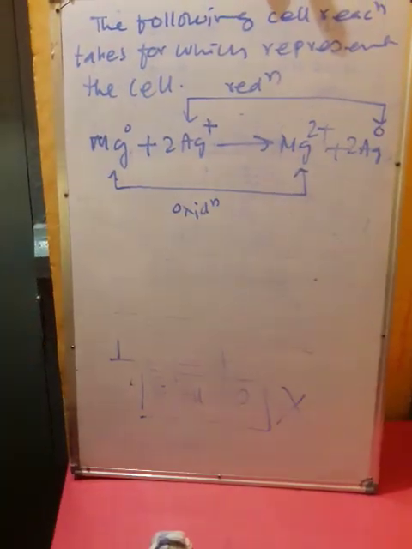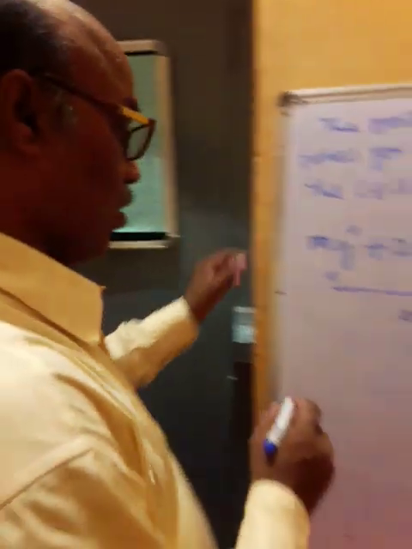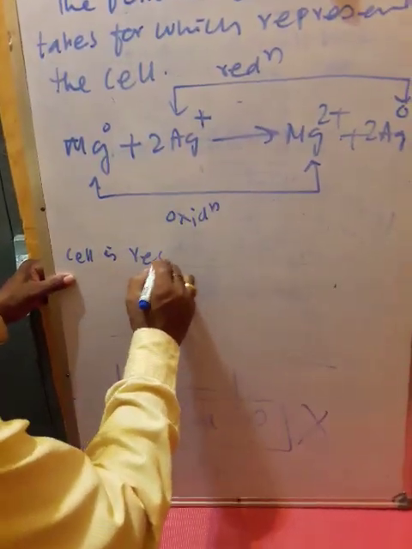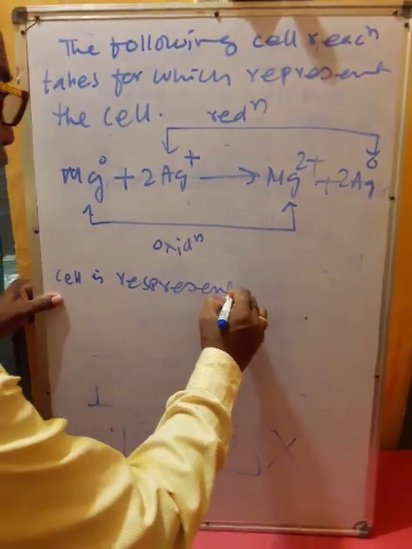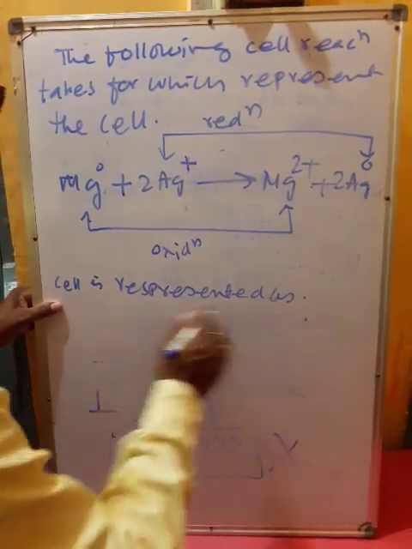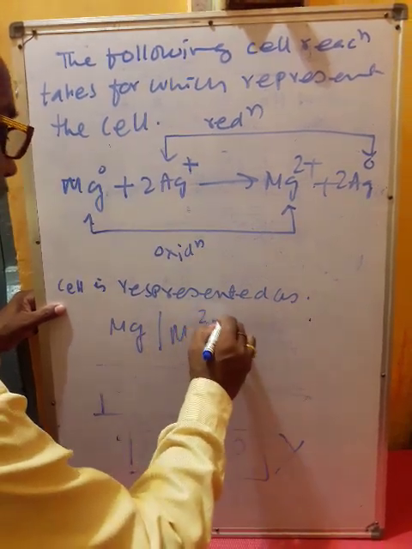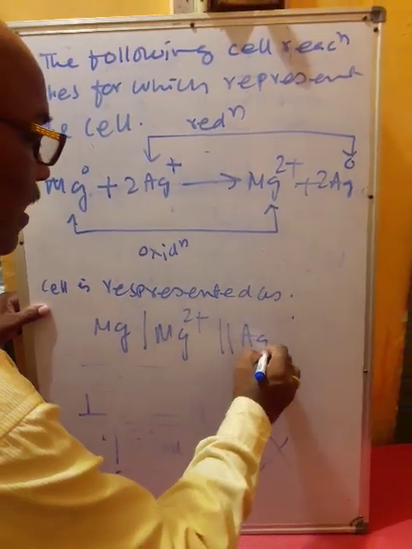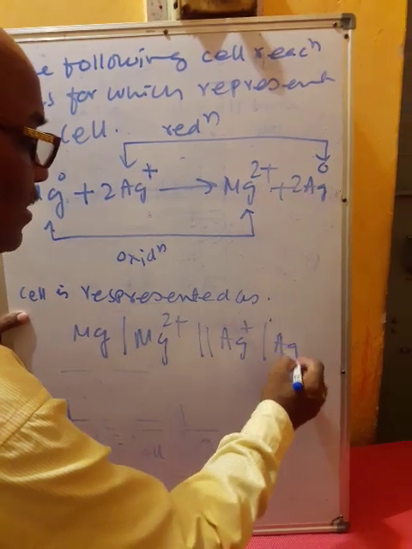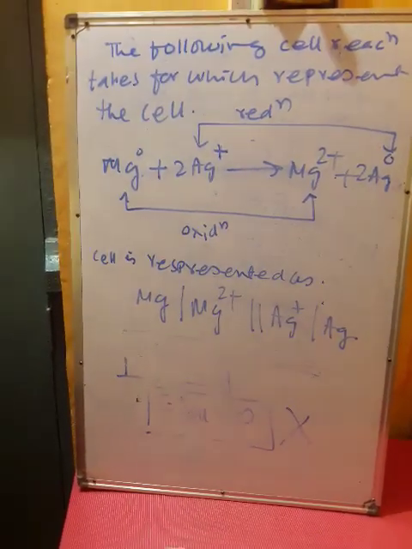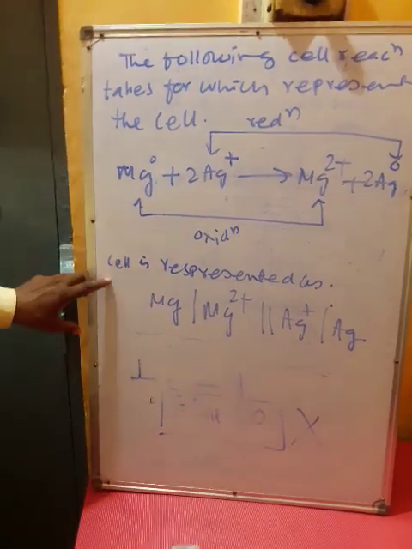Reduction means cathode, oxidation means anode. So the cell is represented as Mg/Mg2+ || Ag+/Ag. Now you know how to represent an electrochemical cell.